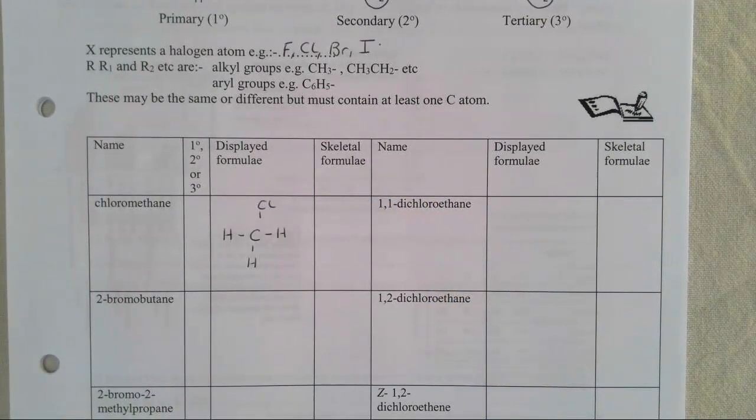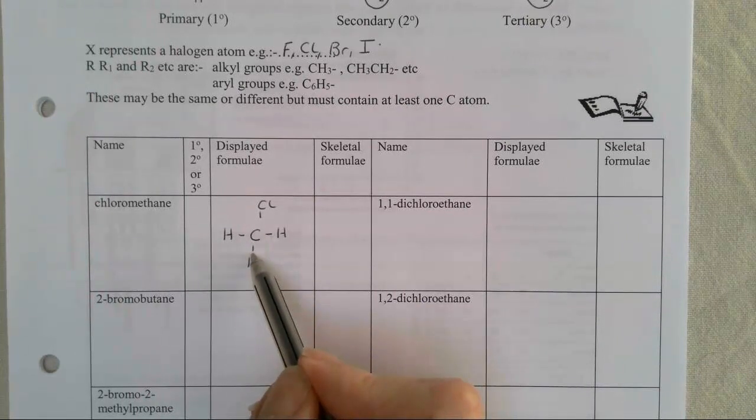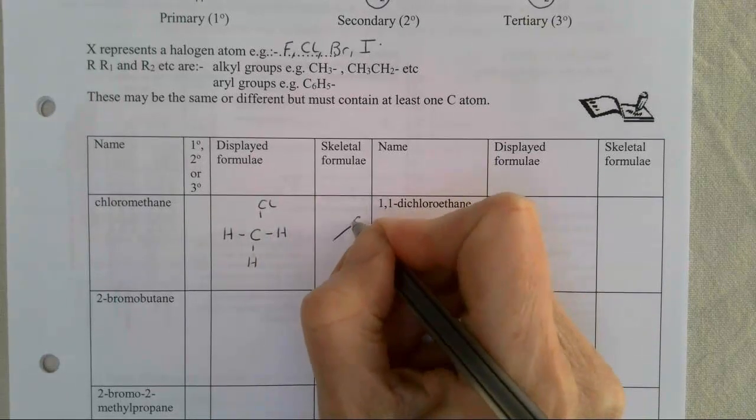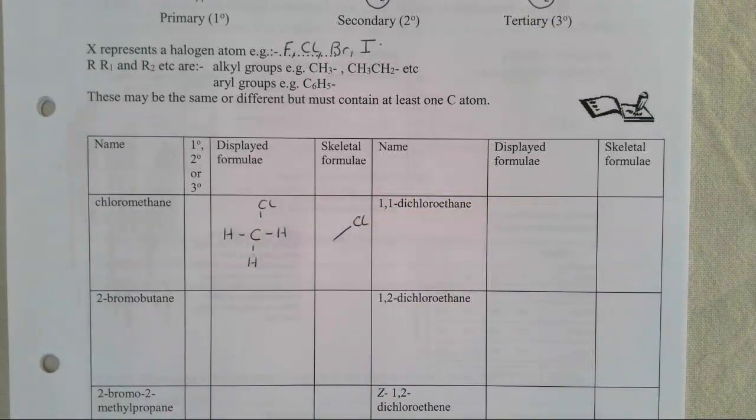The skeletal formula, well, we don't show carbon to hydrogen bonds, we don't show hydrogen atoms, and we only show carbon-carbon bonds as a straight line. Well, we've only got one carbon, but we do show this bond, so basically what I'm going to have is a straight line representing the bond between the carbon and the chlorine.